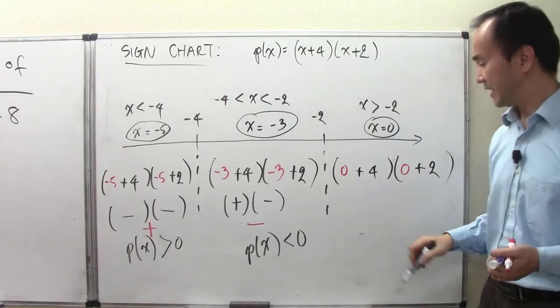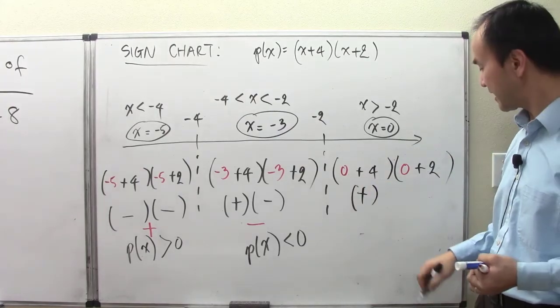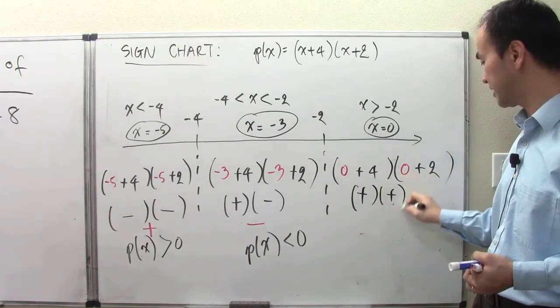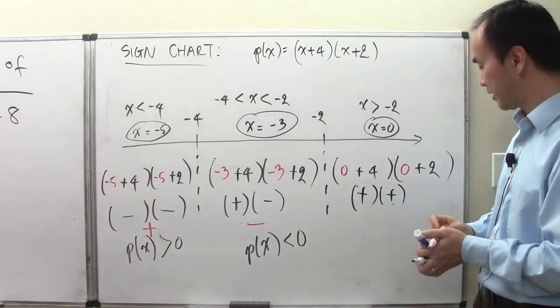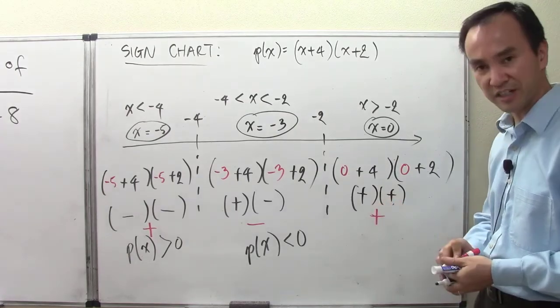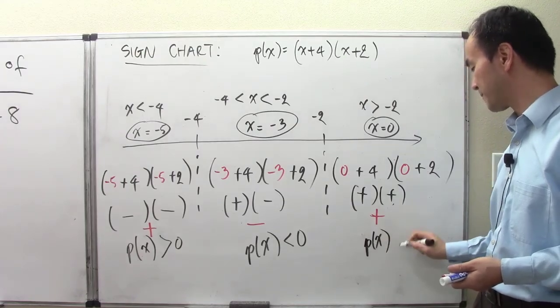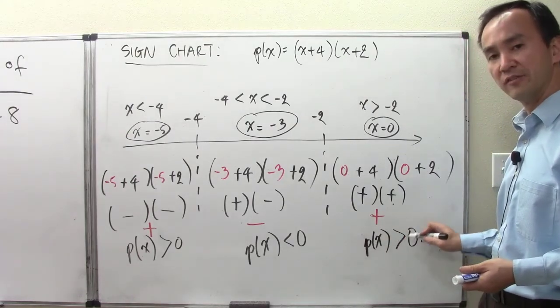That gives me a positive factor here and another positive factor here. So my overall product has to be positive. That means the polynomial p of x must be greater than 0 in this interval.